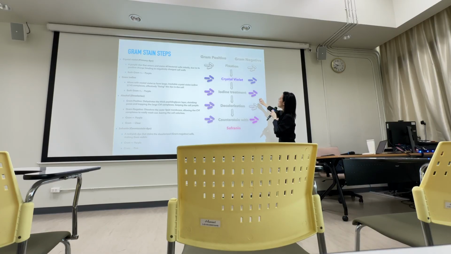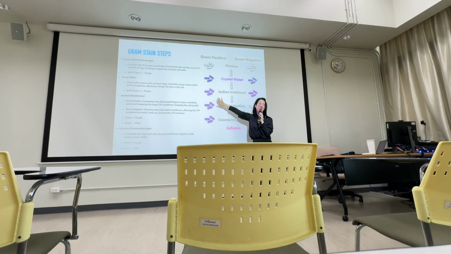In the case of gram-negative bacteria, they have the outer membrane layer and quite thin peptidoglycan, so the precipitate between crystal violet and gram iodine has less space to be trapped inside. In gram-negative bacteria, the peptidoglycan is thin, so the complex of gram iodine and crystal violet has less space to stick, while gram-positive has more space to stick.